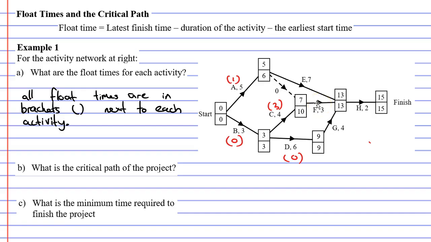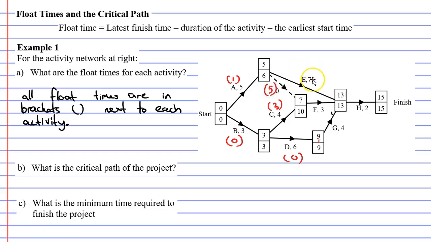And another reason that it might come in handy, we mentioned earlier about critical activities, and we're going to use these to answer question B to find what is known as a critical path. So I'm quite interested to know, is the dummy activity a critical activity? Anyway, let's calculate the float time here. 10 minus 0 minus 5 gives us a float time of 5. So we'll calculate the float time for the dummy activity, but we might not use it, and that's okay.